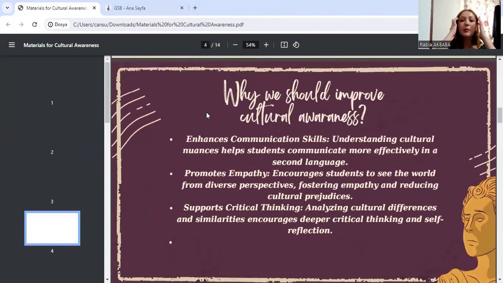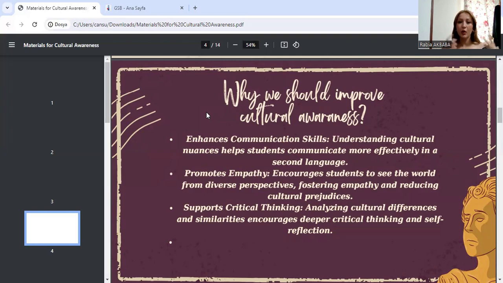And why should we improve cultural awareness? I answered beforehand, but let's check my slide. Enhance communication skills. Understanding cultural nuances helps students communicate more effectively in a second language. So, the more you improve your communication skills, the more you improve in your second language and in your native language.